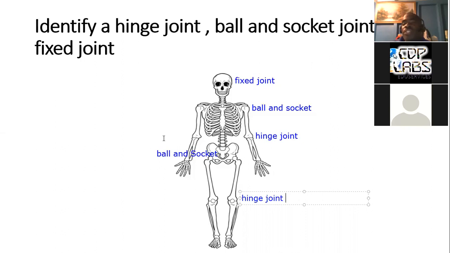You can research it and tell me if I'm wrong. You see this area right here? I somehow feel that there's a fixed joint right there at the pelvic girdle. You guys are going to research that and tell me if I'm wrong. Is that clear? Yes. All right. I want you guys to determine if there's a fixed joint at the pelvic girdle.